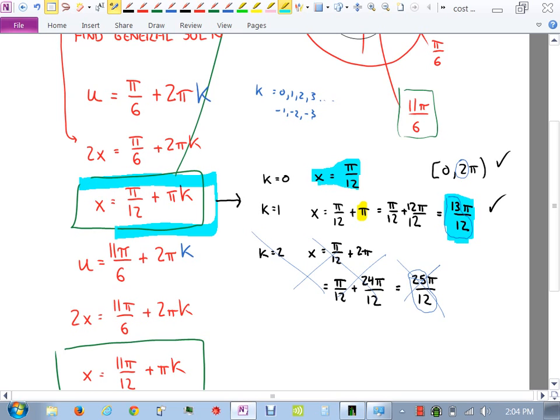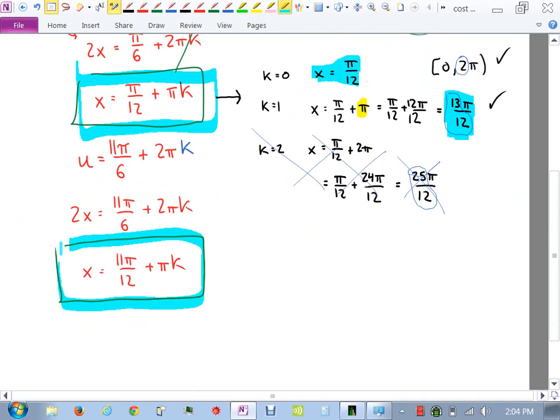Now that's what we got here. Now we have to do this one. Same story. So I'm going to start by k being 0, and I get my 11 pi over 12 right away. That's definitely smaller than 2 pi, so I'm okay with that. K equals 1.